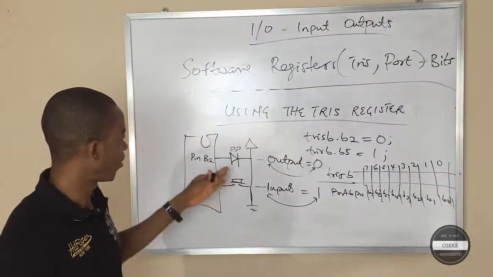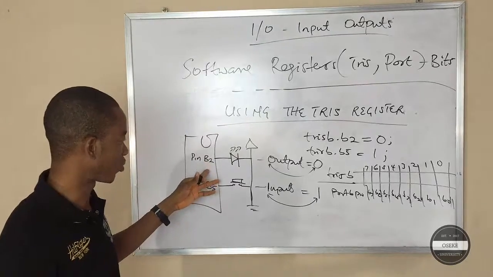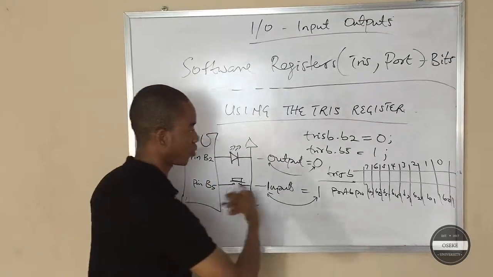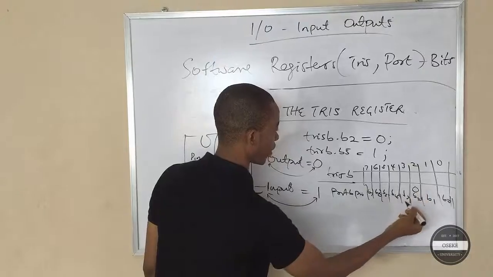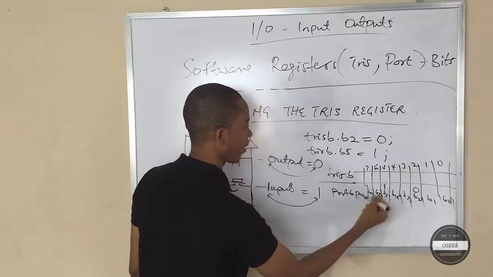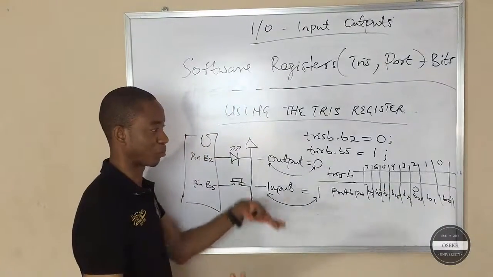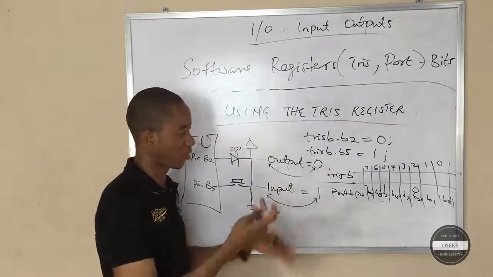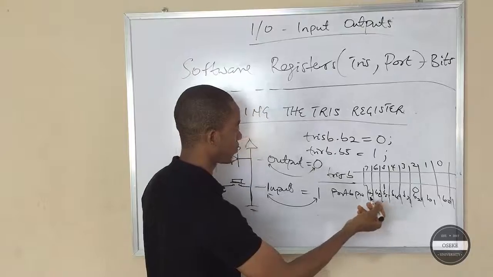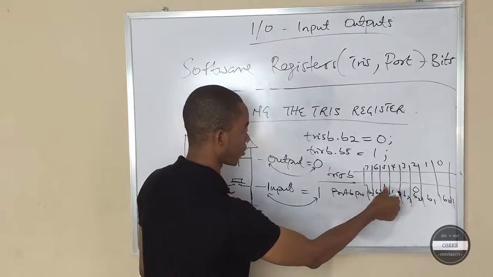Now I'm interested in these two, bit 2 and bit 5. In bit 2 I'm putting 0, and in bit 5 I'm putting 1. Every other one that I'm not using, you can write anything you like to them. They can be 1, they can be 0, they can be anything you like.